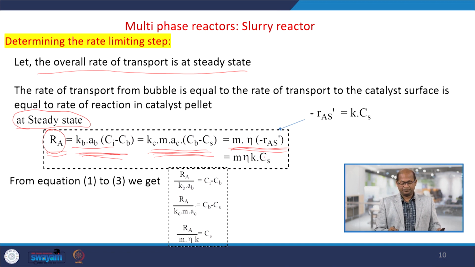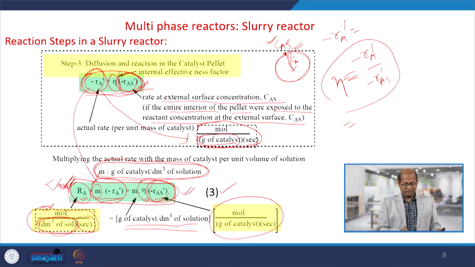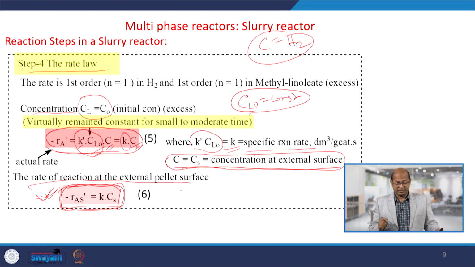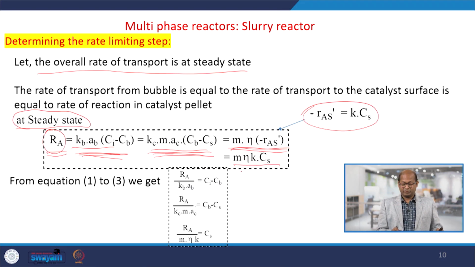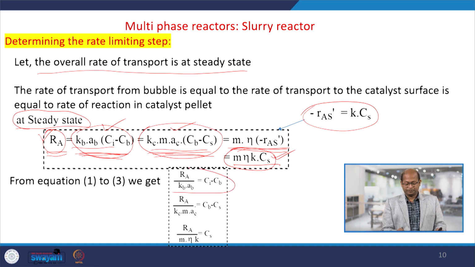Here we are substituting. In equation 3, minus RAS prime is substituted from equation 6, and after substituting it becomes eta k Cs. So these 3 expressions are there at steady state, and we can write them in terms of RA this way. RA divided by kb ab gives Ci minus Cb, with Ci minus Cb on the right hand side.